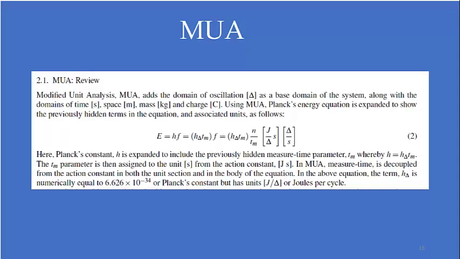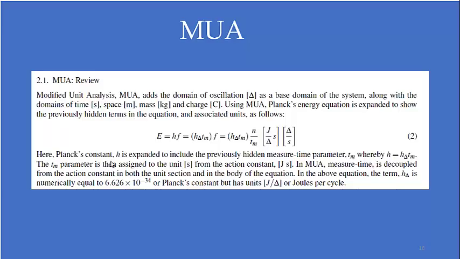So getting back to the paper, here is my review on my treatment of Planck's energy equation. Modified unit analysis, MUA, adds the domain of oscillation as a base domain of the system along with the domains of time, space, mass, which I now call inertia or potential inertia, and charge. Using MUA, Planck's energy equation is expanded to show the previously hidden terms in the equation and associated units as follows.